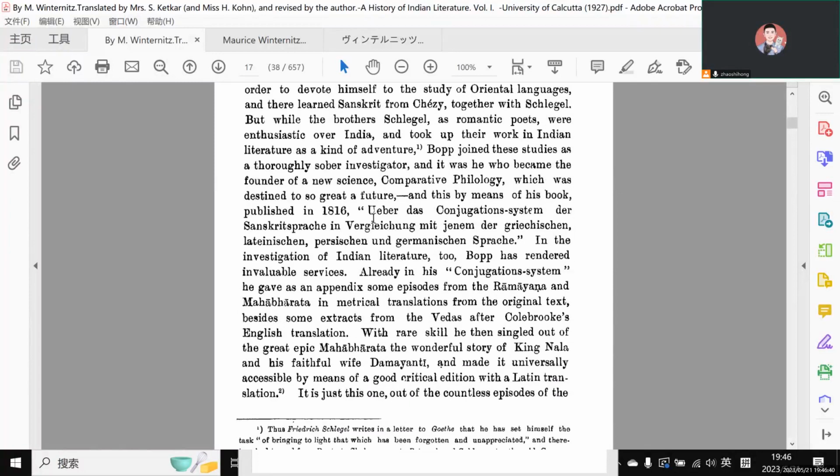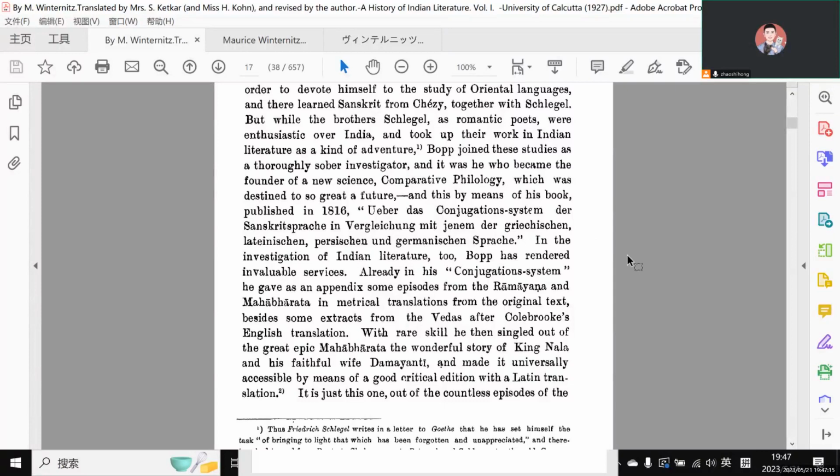One of his books is Über das Konjugationssystem der Sanskrit-Sprache in Vergleichung mit jenem der griechischen, lateinischen, persischen und germanischen Sprache, on the conjugation system of the Sanskrit language in comparison to those of Greek, Latin, Persian, and Germanic languages.